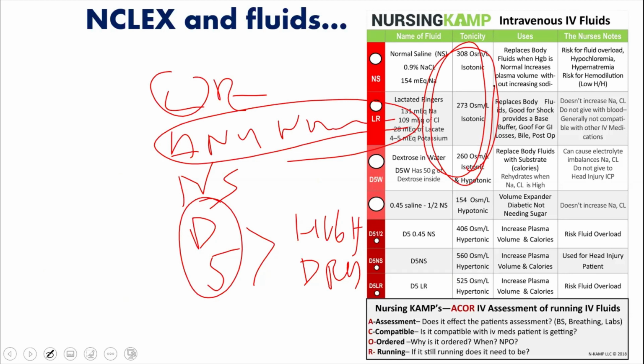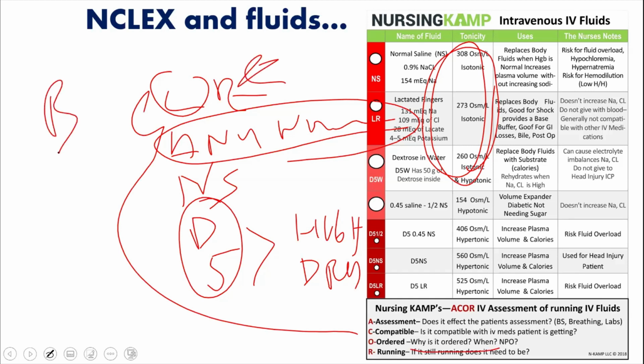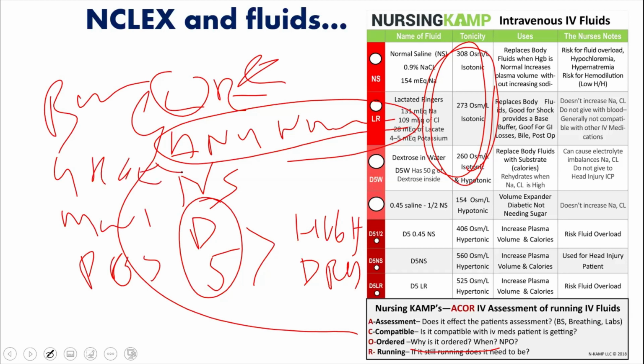All right, what else? We said that compatibility is important because when we're looking at these types of things, why is it ordered? Why does a patient get lactated Ringer's? And we said that's the bump, burns, maternity, post-op, and urgent trauma patients. Sepsis is also another one, because for a patient who's septic, sometimes it's not normal saline.